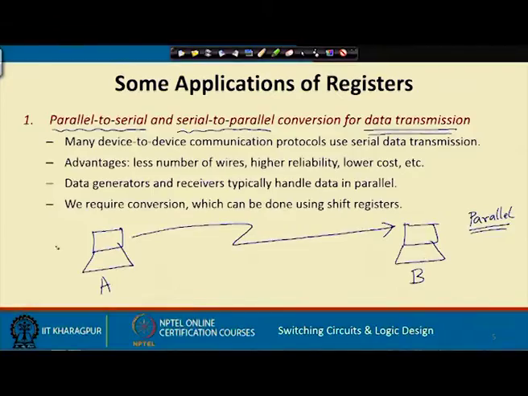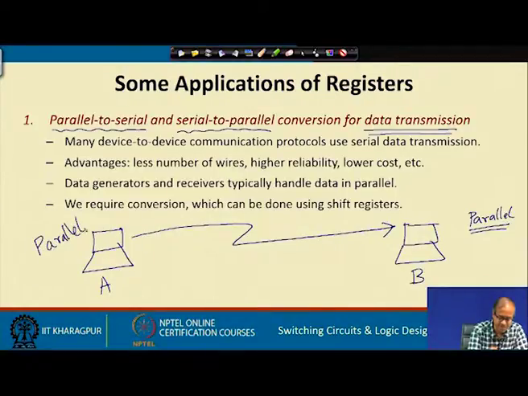So, although inside A and B you have parallel representation of data, while communicating you do so in a serial fashion. So there is a necessity to convert this parallel data into serial form, and again at the receiving end, serial to parallel form. This motivation I have already mentioned.